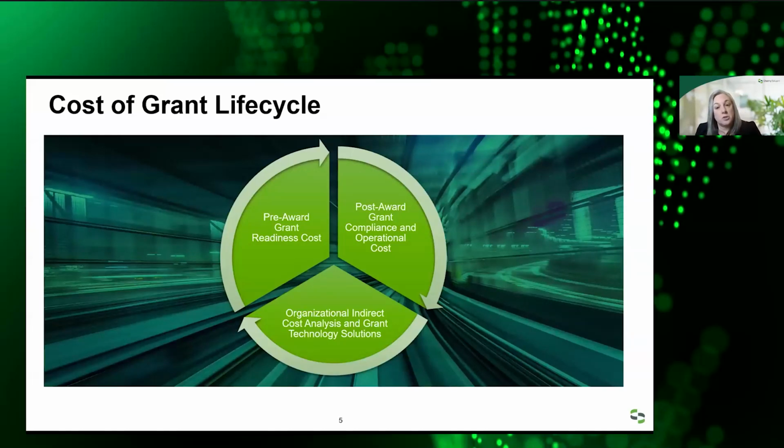Then you've got your post-award grant compliance and operational costs that you have to comply with during the time of the grant. These are things maybe you didn't think about before, but now they're incurred in that post-award phase.